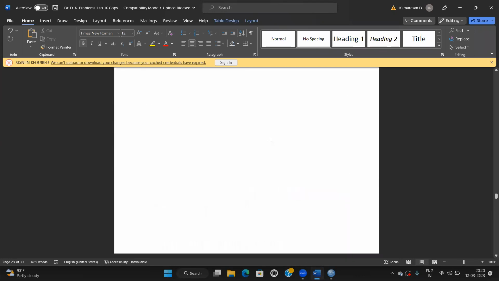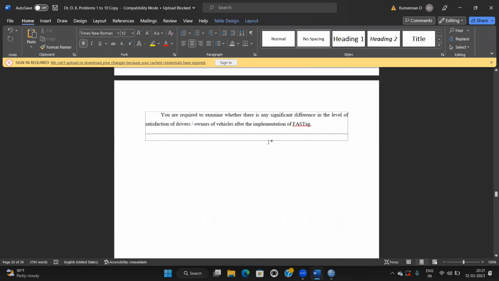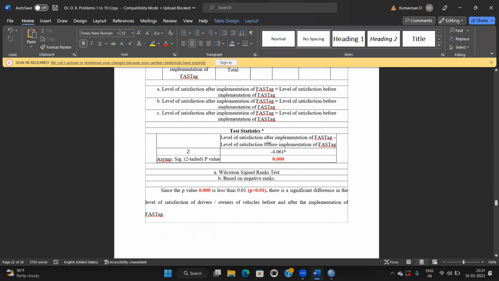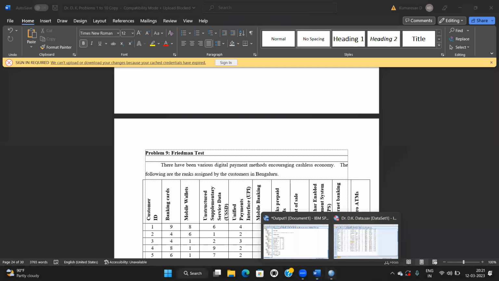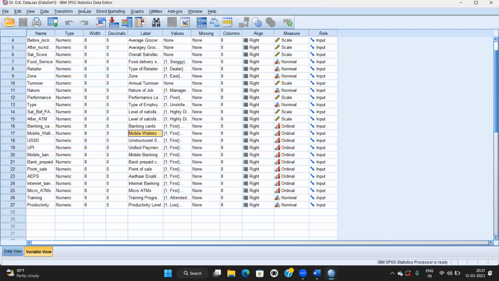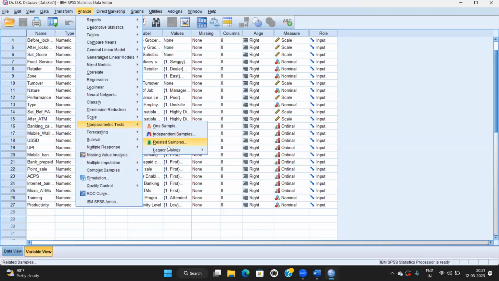The difference between Wilcoxon and Friedman test is the number of data. If the number of data is 2, we have to apply 2 related samples, that is Wilcoxon test. If the data is more than 2, then we have to select the Friedman test. So once again, there is a comparison between some tests.